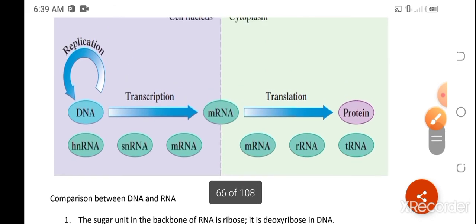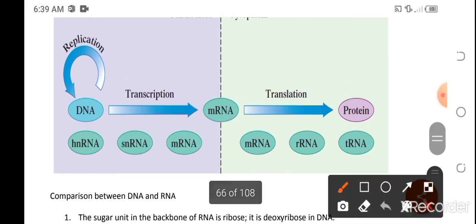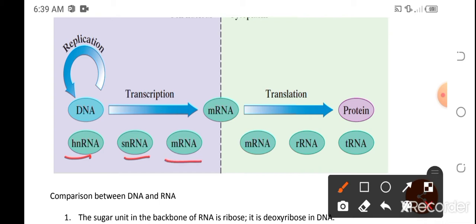During the transcription, those involved RNA are hnRNA or heterogeneous nuclear RNA, snRNA or small nuclear RNA, mRNA or the messenger RNA, and during translation, the RNA involved are mRNA, rRNA, which is ribosomal RNA, and tRNA, which stands for transfer RNA.